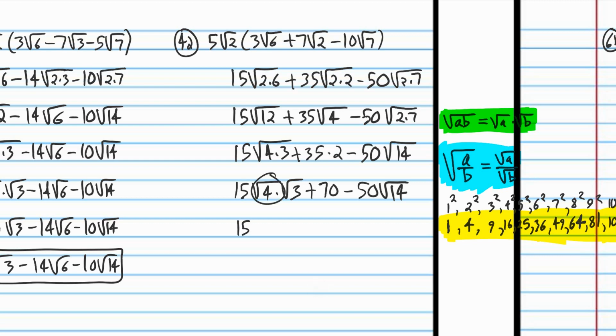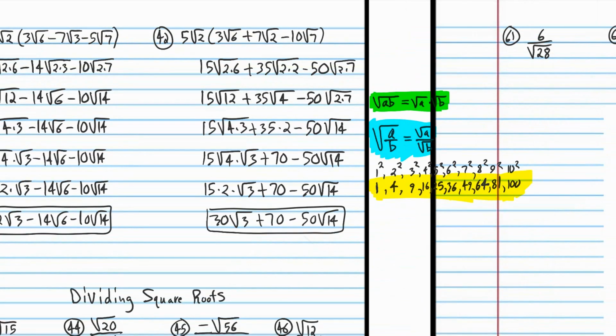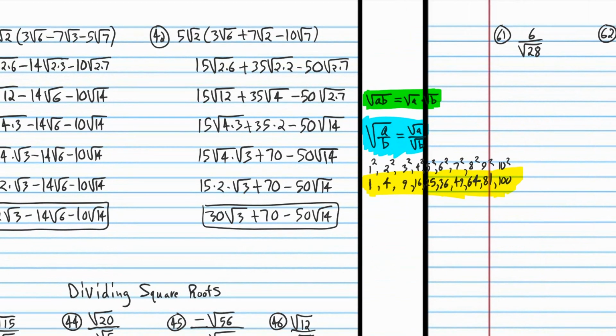But root 4 is a perfect square. And 15 times 2 is 30. And that should be our final answer. So if you got that answer, good job.